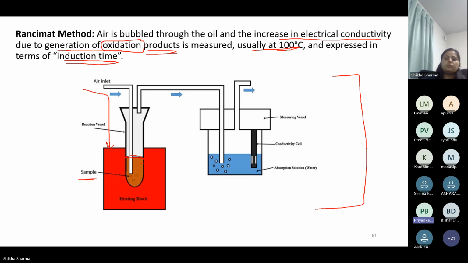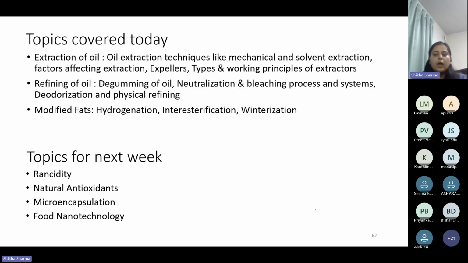So this is the last discussion we are having today, and the topics we covered today include oil extraction techniques like mechanical and solvent extraction. We discussed factors affecting the extraction process, expellers, and we saw the numerical on expellers also. Then the working principle of extractors and the numerical on the mass material balance in the extractor.